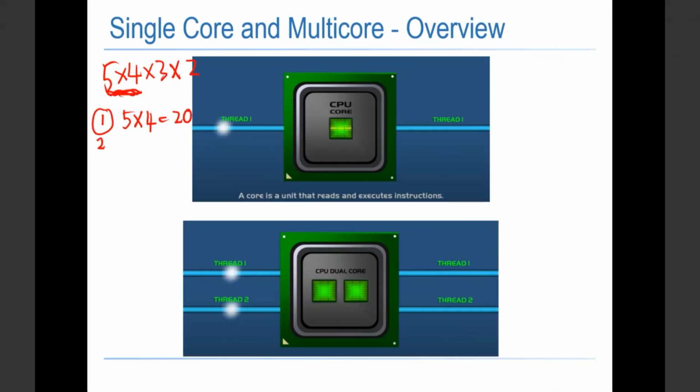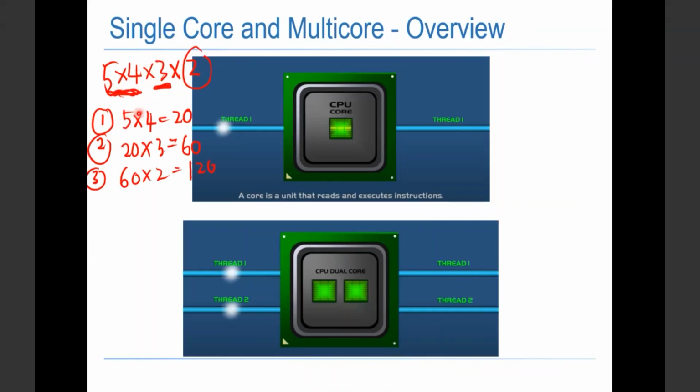And then on the second cycle, it needs to multiply with 3, so it will get the answer 60. And on the third cycle, it will multiply with the last 2 here, so it will get 120. Okay, so this is for the single core, which means you need to run one by one for this equation.